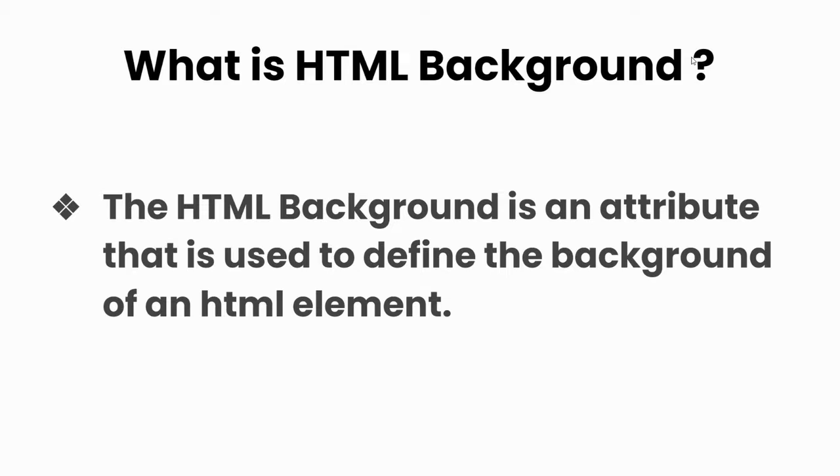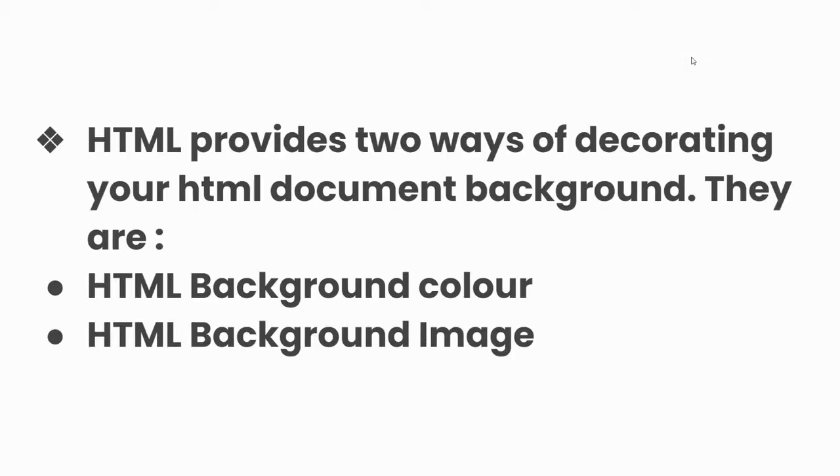So the background has two separate attributes that we'll be seeing in this section today. HTML provides two ways of decorating your HTML document background. They are the HTML background color and the HTML background image.